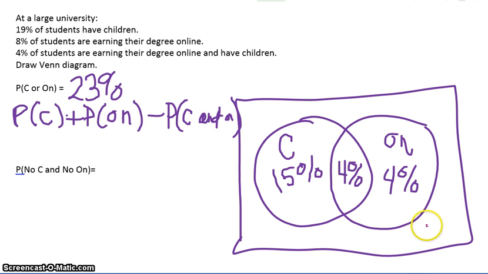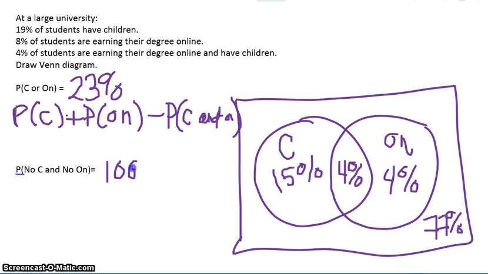Now the last part, and what's really important about this, is that all the probabilities that we see in our Venn diagram add up to 100%, or in other words, 1. In this case, if 23% are within the circles, 77% would be outside the circles. Everything outside here constitutes the probability of randomly selecting a student that does not have children and is not earning their degree online.